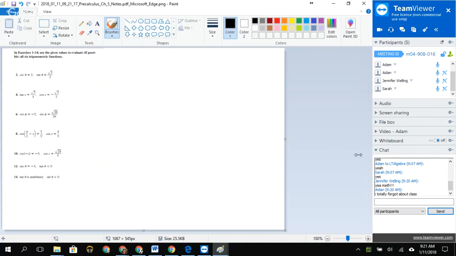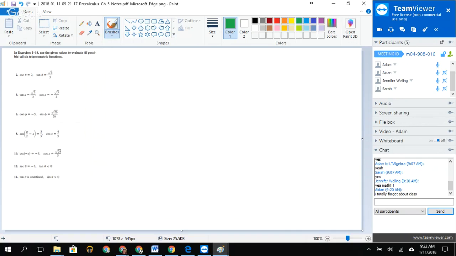So 1 through 14 are just review. Use the given values to evaluate, if possible, all 6 trigonometric functions. You probably felt like you did this a lot in chapter 4, so we're going to warm back up by doing it again. Let's do number 2 to warm our brains back up.